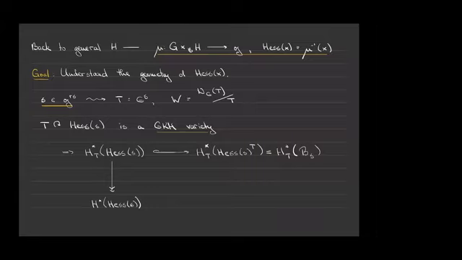When the centralizer acts on the regular semisimple Hessenberg variety, it makes it into what's called a GKM variety, which stands for Goresky, Kottwitz, MacPherson. What we need to check for this to be true is that we have finitely many fixed points under the T action, and finitely many one-dimensional orbits.